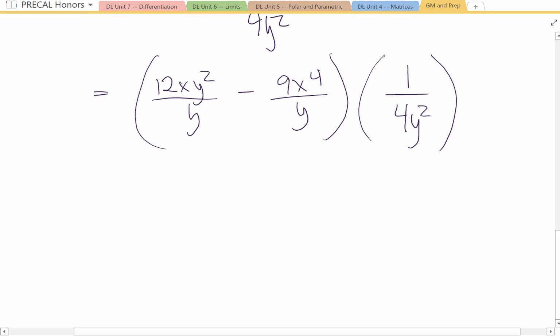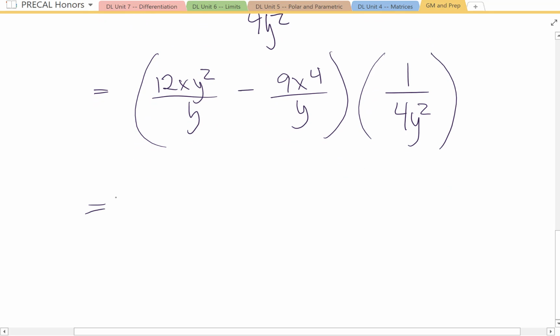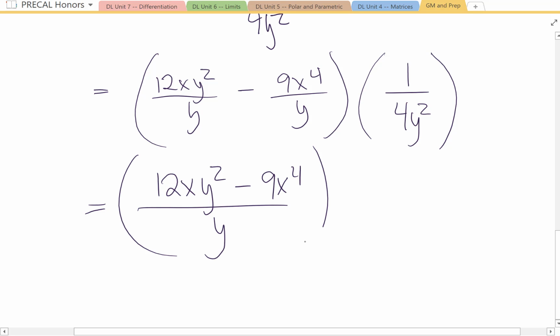Multiplying by a fraction is the same as dividing by its reciprocal. 12xy squared minus 9x to the fourth all over y. This is not looking super simplified. I feel like I can simplify it more, so we have to go back to any relationships they gave us.